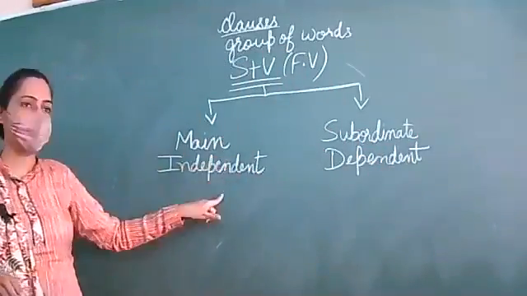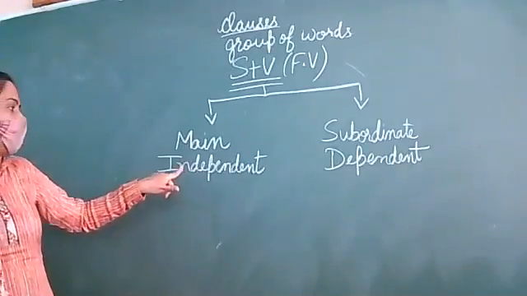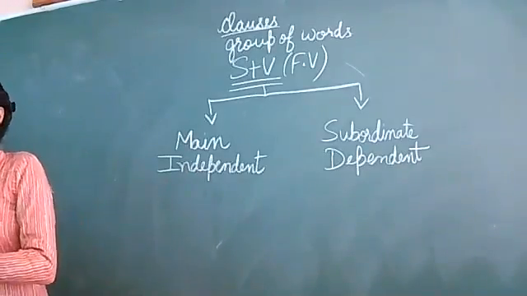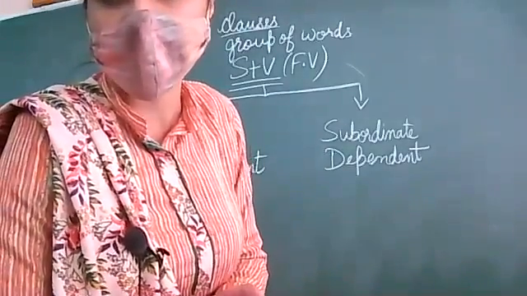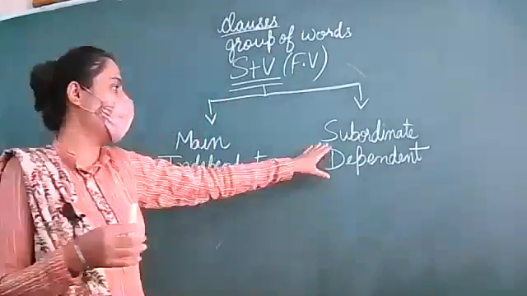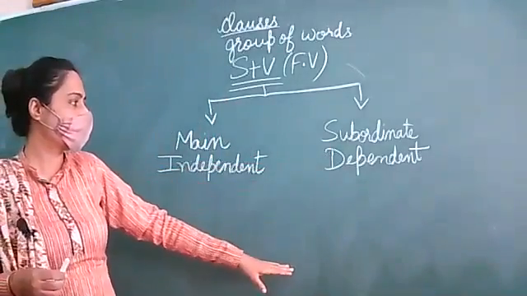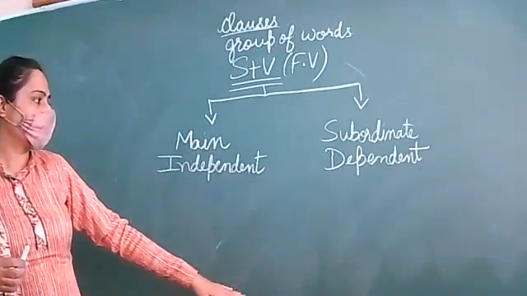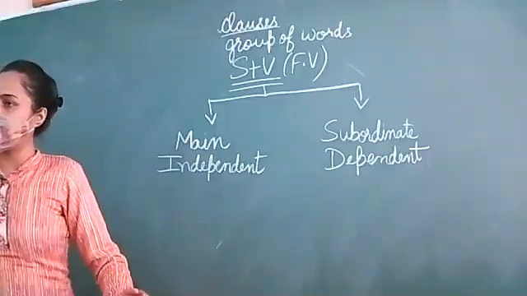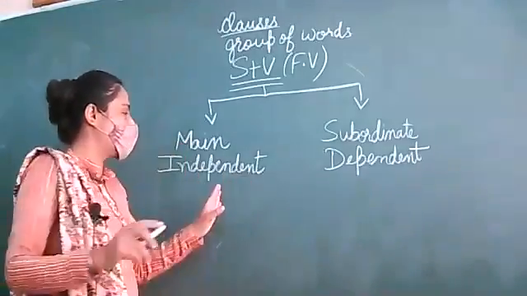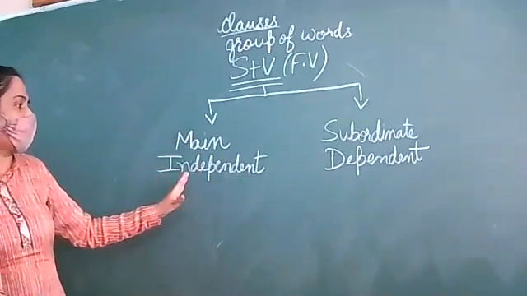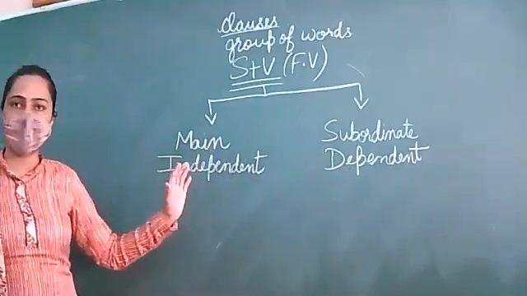One is main clause and we call it independent and principal clause also. And then is subordinate clause, and that is dependent clause. Is it okay? Clear?